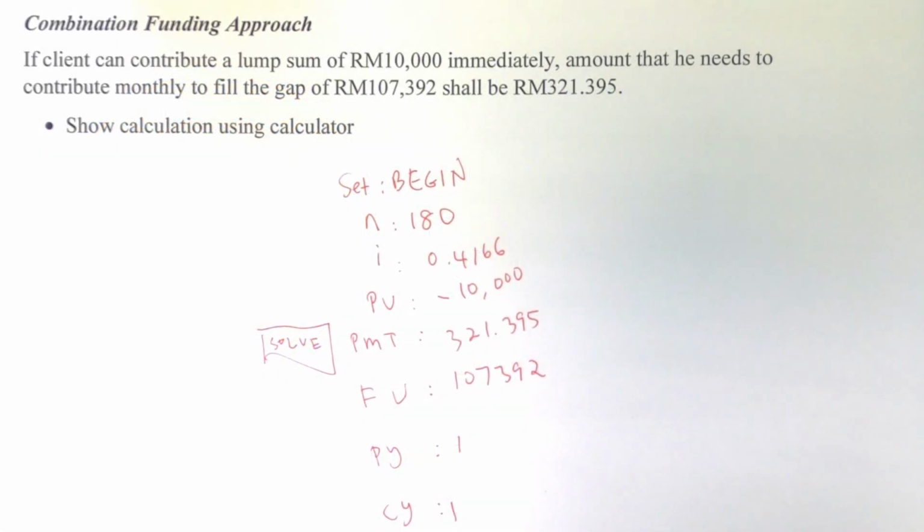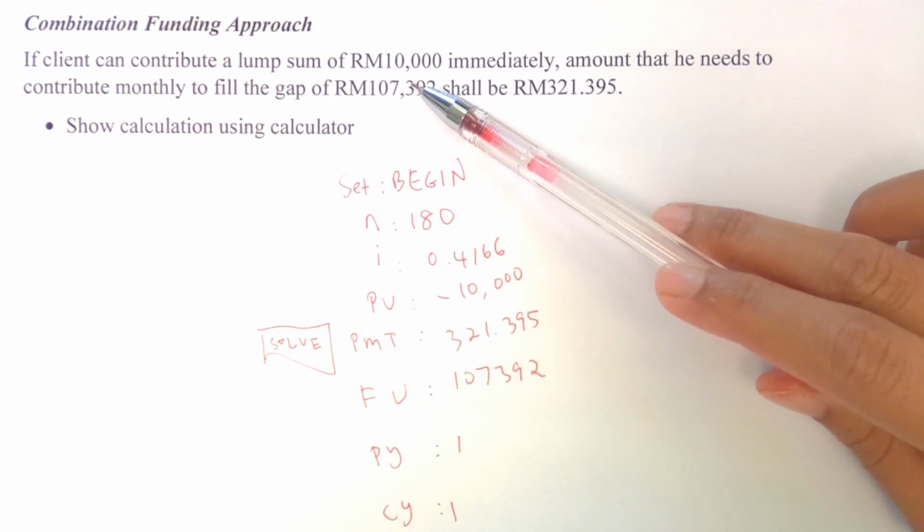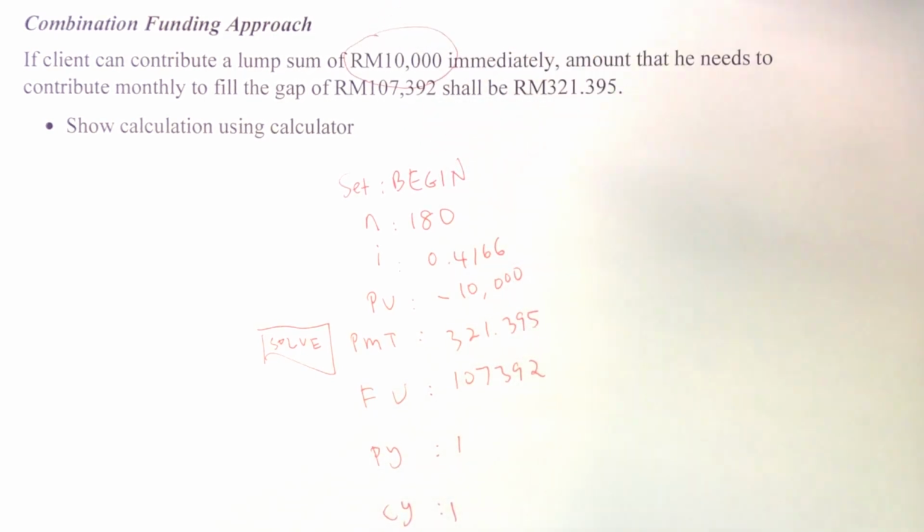The third method is a combination funding approach, where we have the sum of a present value amount today plus the funding through contribution of monthly payments for a certain number of years or months. Let's say the client can contribute a lump sum of 10,000 immediately.